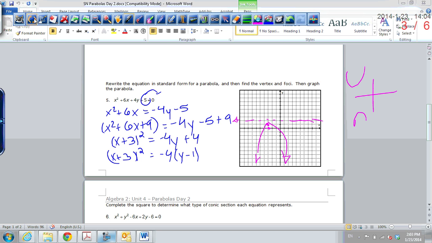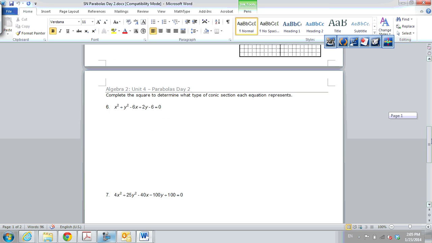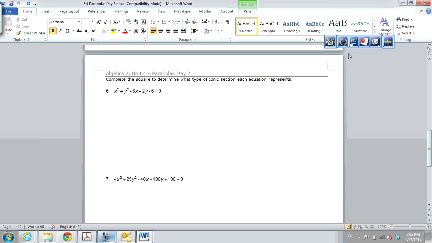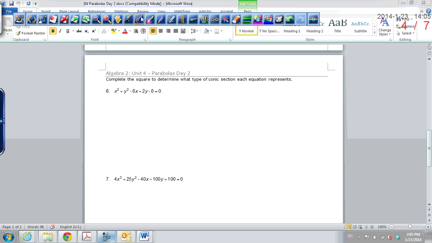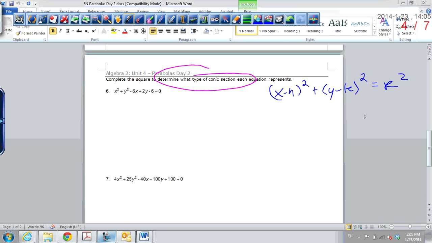Okay, the last thing we'll talk about, and we'll do kind of a matching activity to go more in depth with this, but anytime you're asked to determine what type of conic section it is and complete the square, what we're looking for is if you end up with something with no fractions and a radius, that's got to be a circle, right?